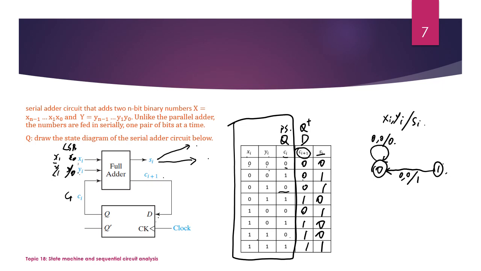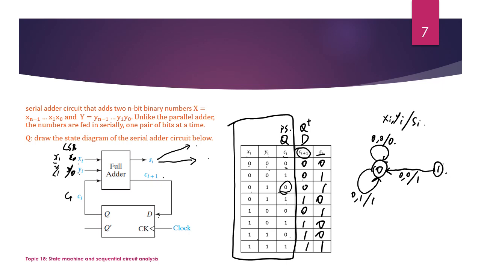Now the third line: if we are at state 0 and xi, yi equal 0, 1, the next state is still 0. It goes back to itself, and si equals 1.